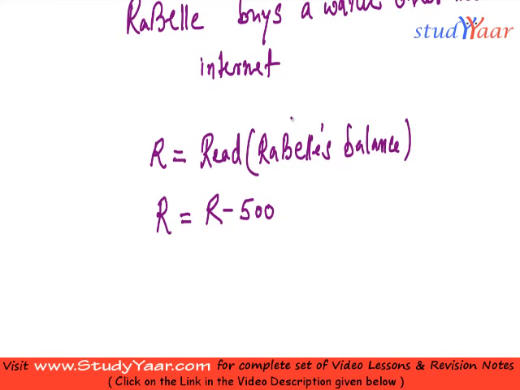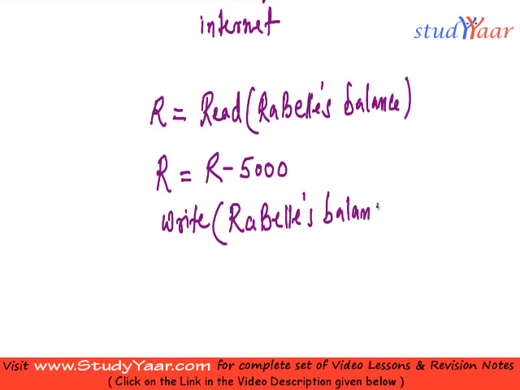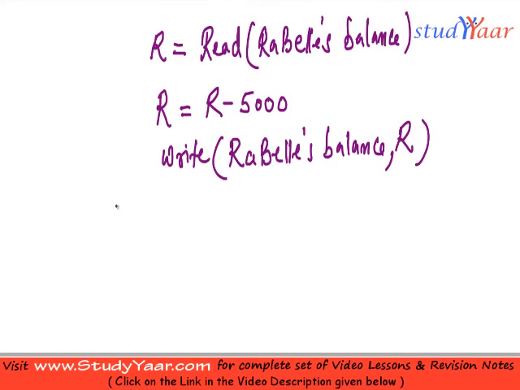Let's suppose the watch is for 5,000. Okay, and I would write this new value of balance. Let's suppose write Rebel's balance, comma R. That means I'm writing the value R to Rebel's balance.